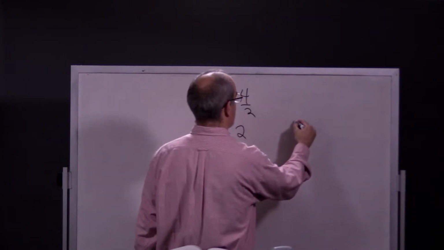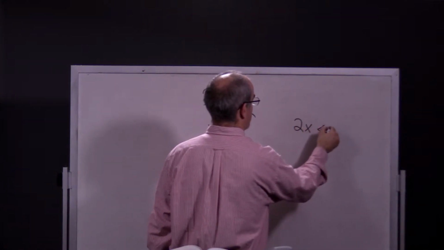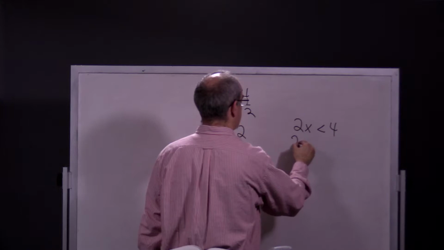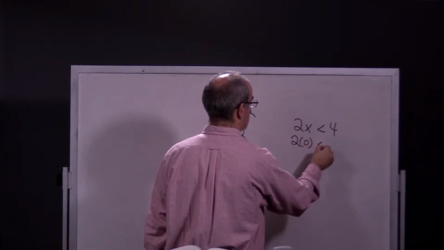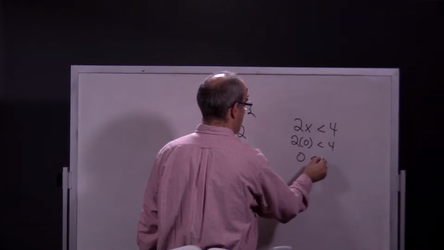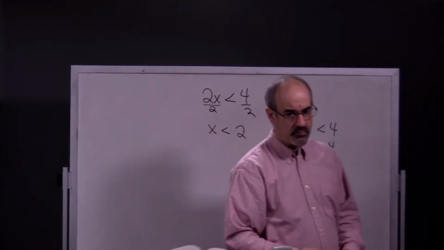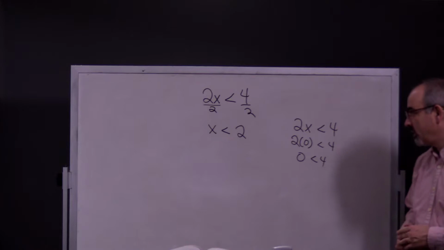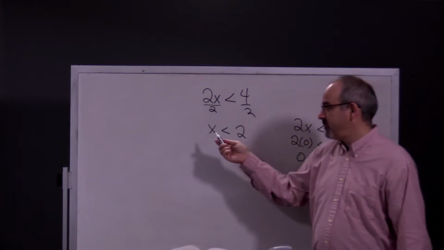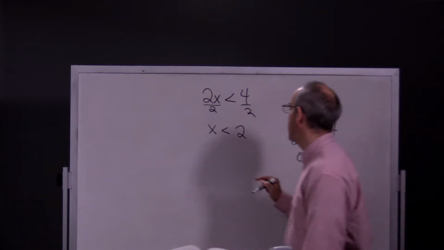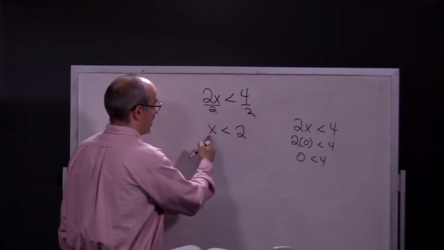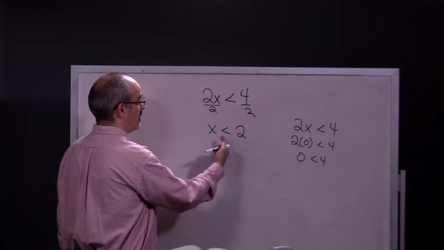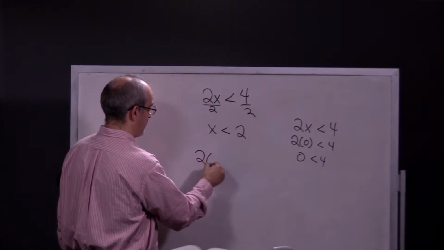So you go back to the original inequality, and you plug in 0. And you get 0 is less than 4. You ask yourself, is that true? Yes, it's true. So 0 does work. Try -3. Since x can be any number less than 2, -3 should work.